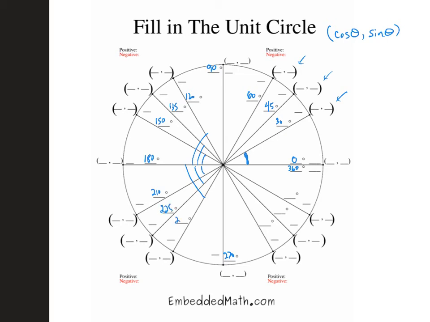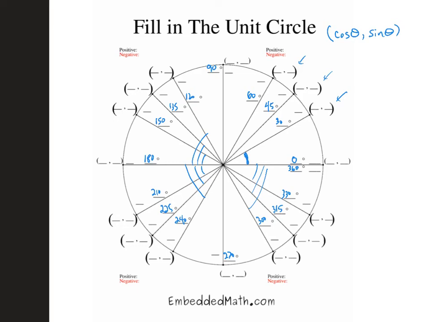And then 180 plus 60 is 240. And then the fourth quadrant, it's going to be 360 minus the reference angle, because remember the reference angles are built to the x-axis. So 360 minus 30 is 330. 360 minus 45 is 315. And 360 minus 60 is 300. So those are the degree measures in the unit circle.